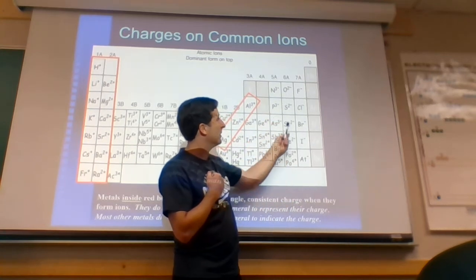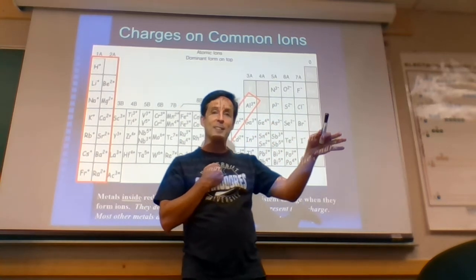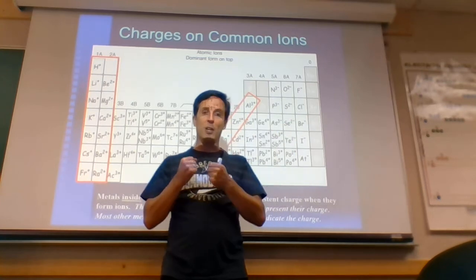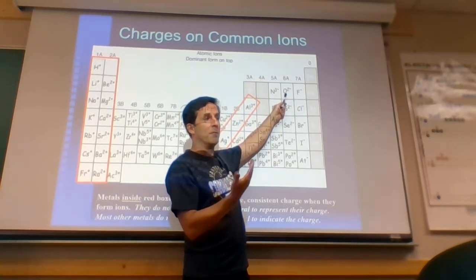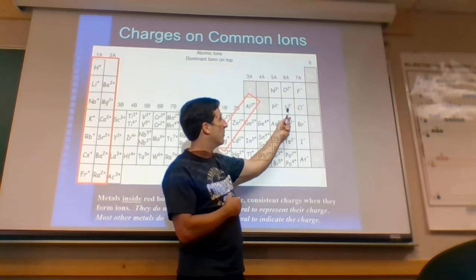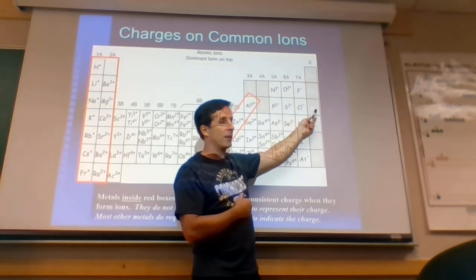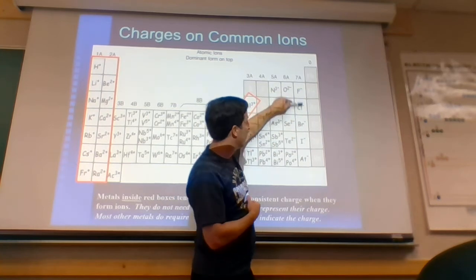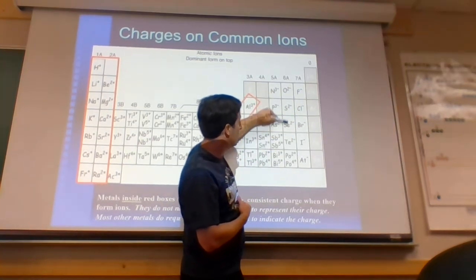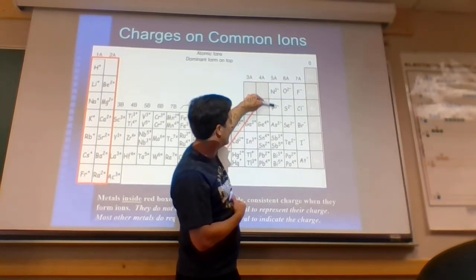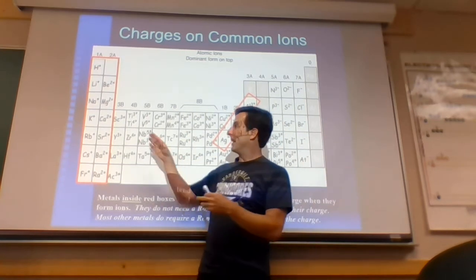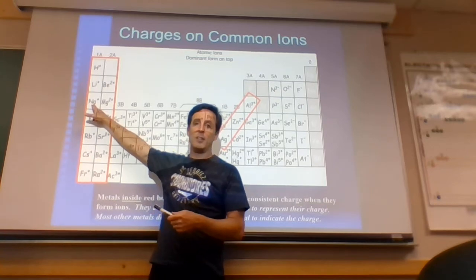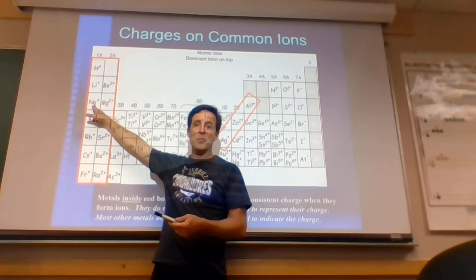Everything under oxygen, again, if they want to be like the noble gases, they have to steal 2 electrons. So if oxygen steals 2 electrons, then that makes him feel like neon. Sulfur steals 2 electrons, he's going to feel like argon. Okay? So -1 for group 7, -2 for group 6, -3 for group 5. Those are patterns that we notice. And then if I come back over here, like sodium is element number 11.